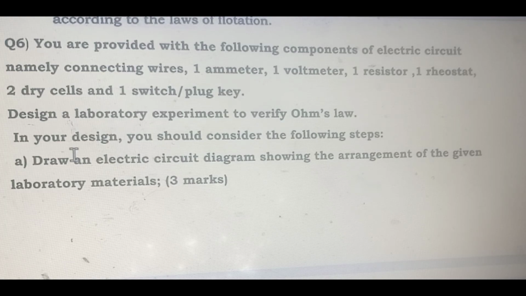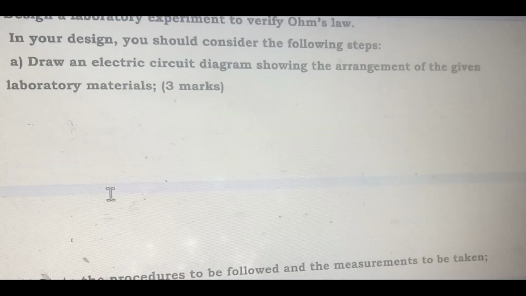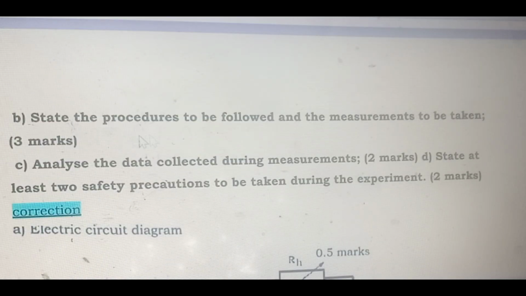In your design, you should consider the following steps. A. Draw an electric circuit diagram showing the arrangement of the given laboratory materials. B. State the procedures to be followed and the measurements to be taken. C. Analyze the data collected during the measurement. D. State the safety precautions to be taken during the experiment.